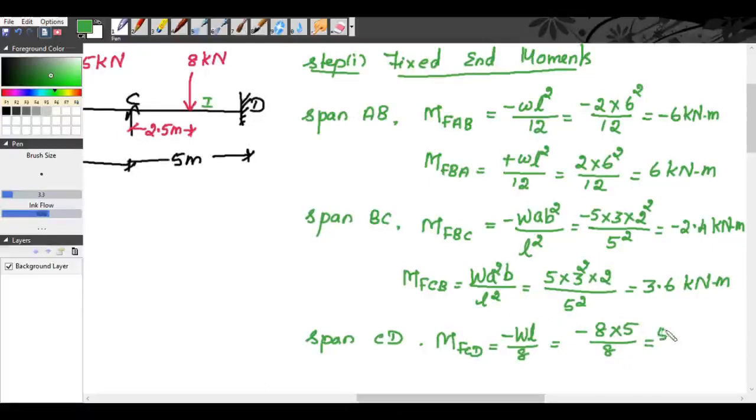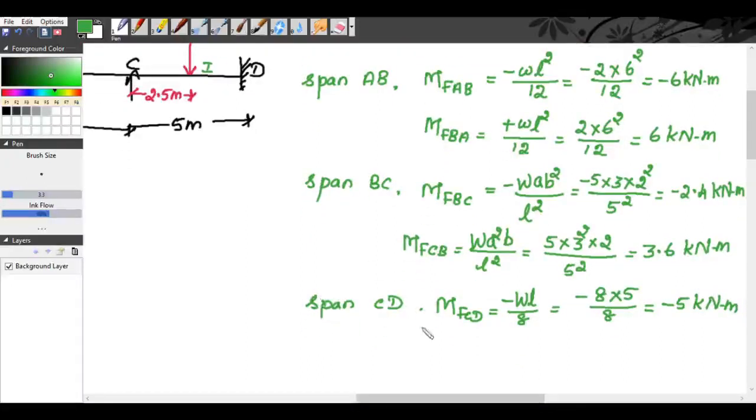So we get minus 5 kilonewton meter. And MFDC is equal to WL by 8, it is 8 into 5 by 8. We get 5 kilonewton meter.